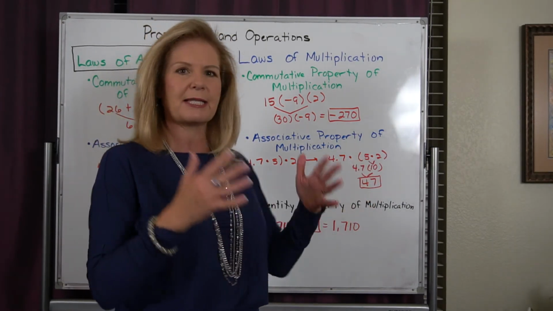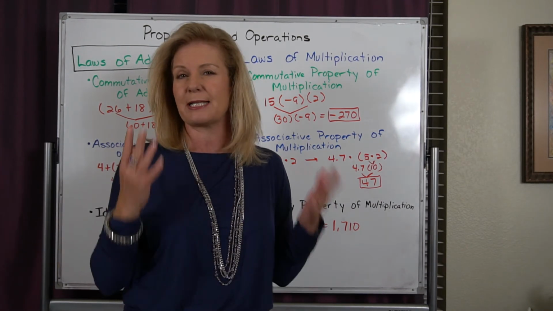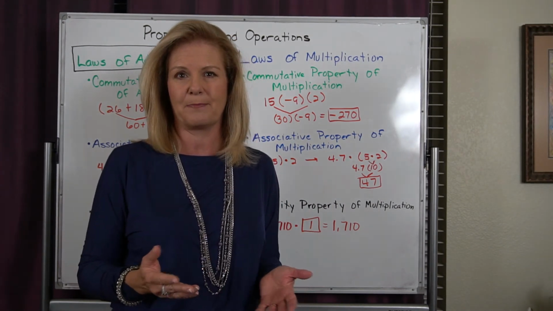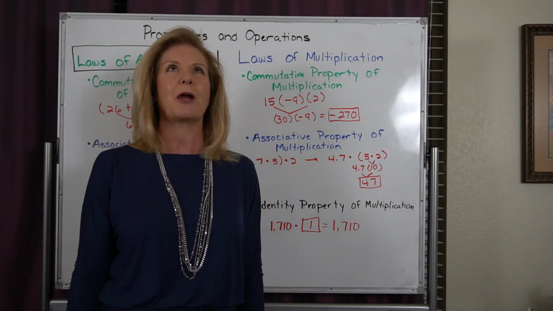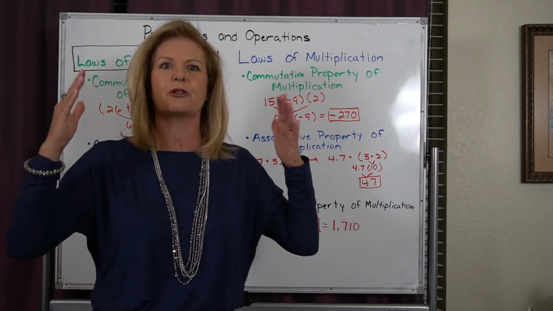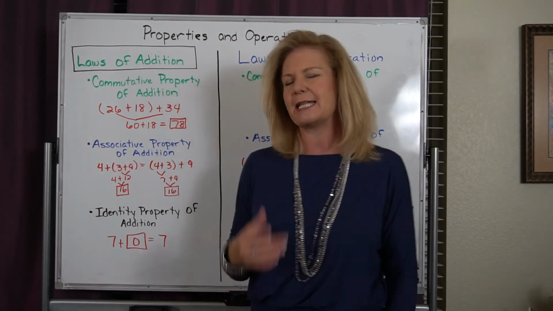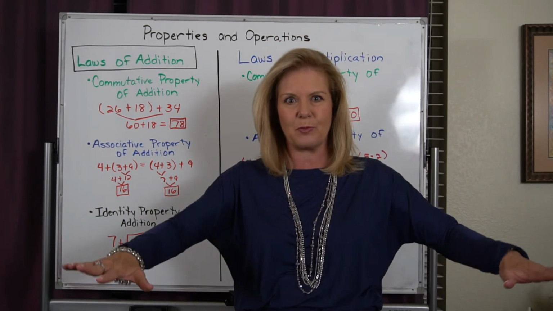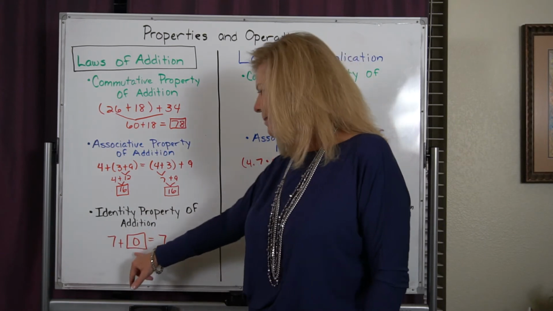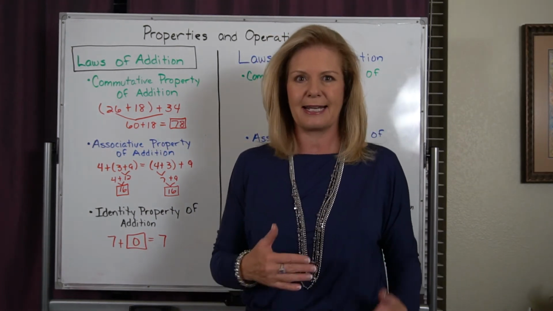Look for numbers that can make tens, hundreds, thousands with those decimals, because all we have to do is then move the decimal point. The last ones we're talking about are the identity properties, and those properties are about keeping the number's identity. The identity property of addition says, what is the only number I can add to a number that's going to keep its identity? Well, the only number I can add to 7 is 0, if I'm going to keep that identity of 7.